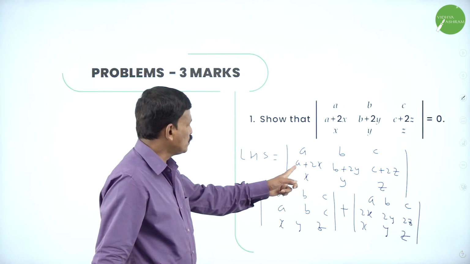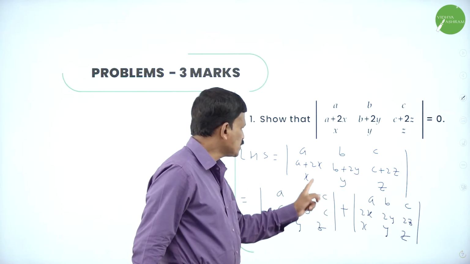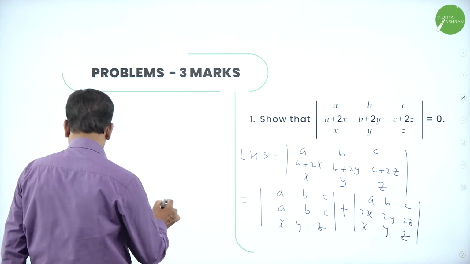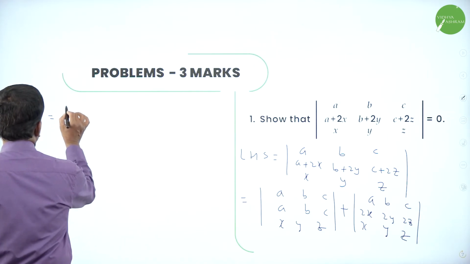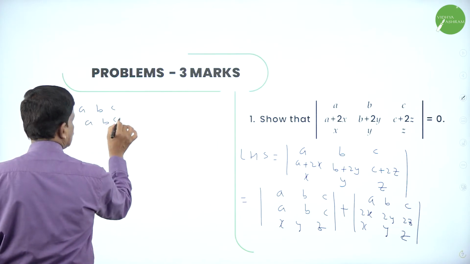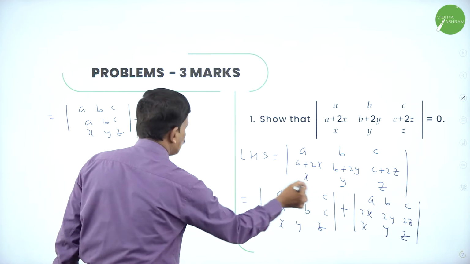Got it? So this contained the sum of two individual terms. Therefore this can be written as A, B, C, then second row 2x, 2y and 2z. Now you just keep this as it is, A, B, C, x, y, z, plus here you can take 2 as a common factor.